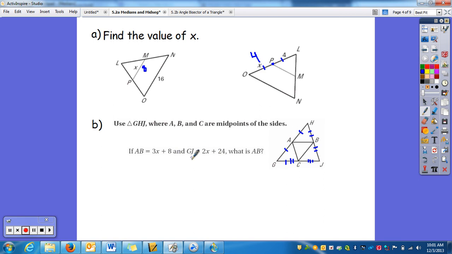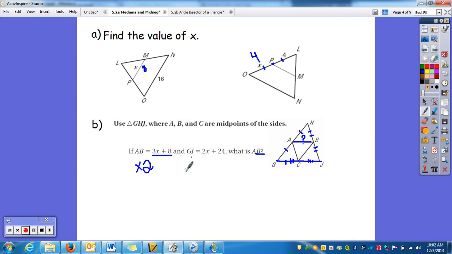Alright. So then we're going to find the value of x, because we need to use that to find AB. What is this length here? Well, AB is 3x plus 8. This length here, GJ, is 2x plus 24. How does AB relate to GJ? Well, we know AB is half, or if I double AB, I get the length of GJ.